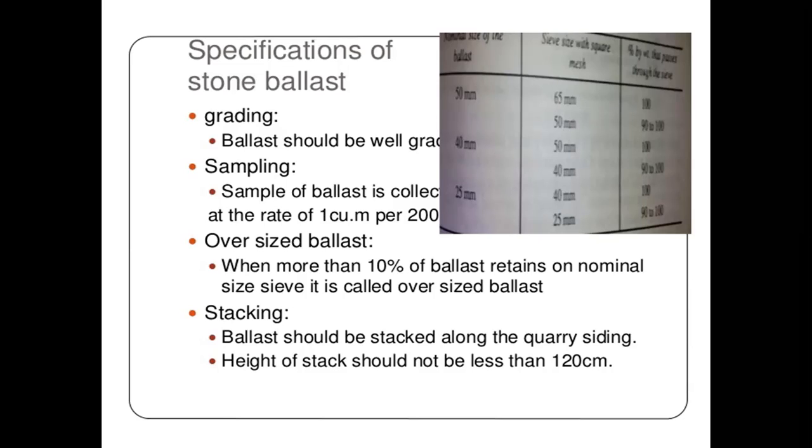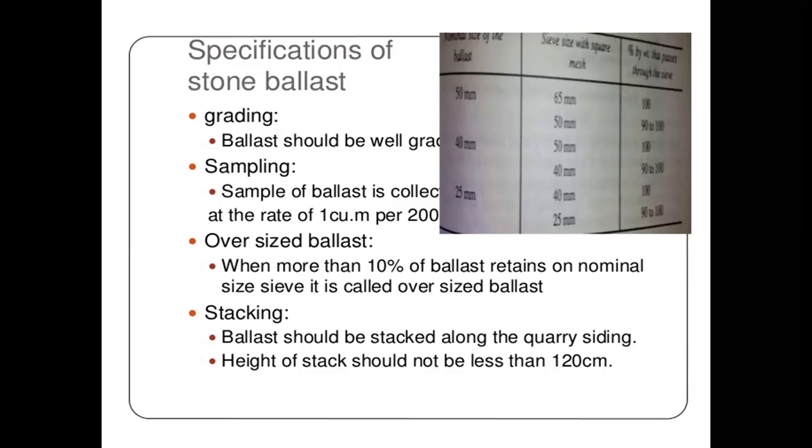If we use a different size of ballast like 40 size, we have to use the upper sieve with a square mesh of 50, and it has to pass 100% through it and retain about 90 to 100% on the 40 sieve.